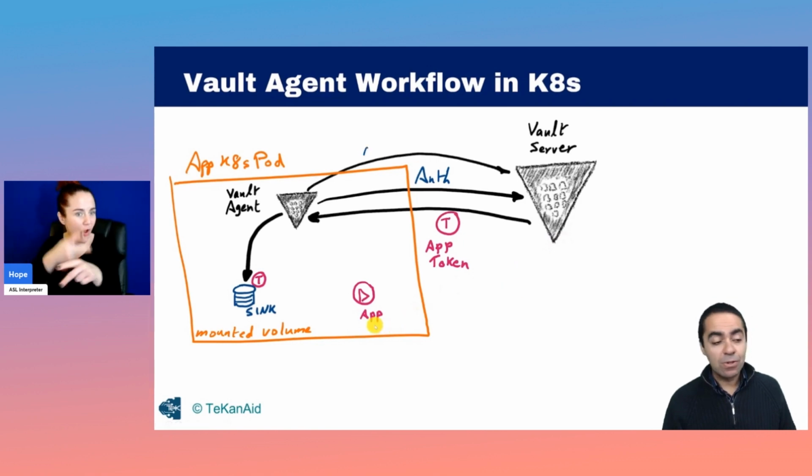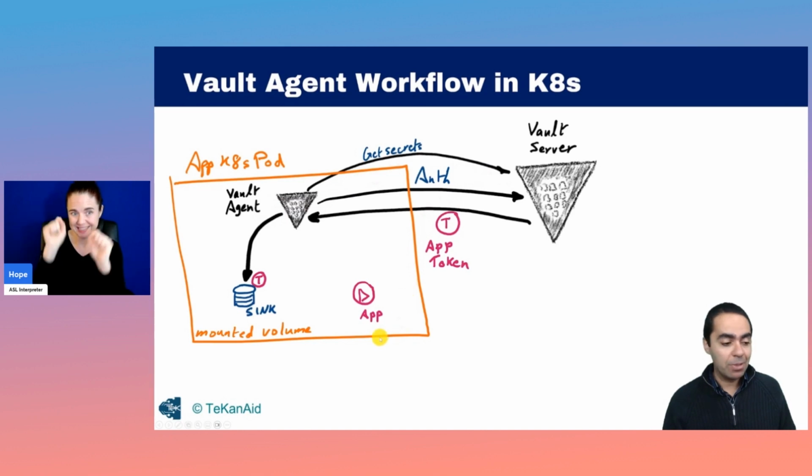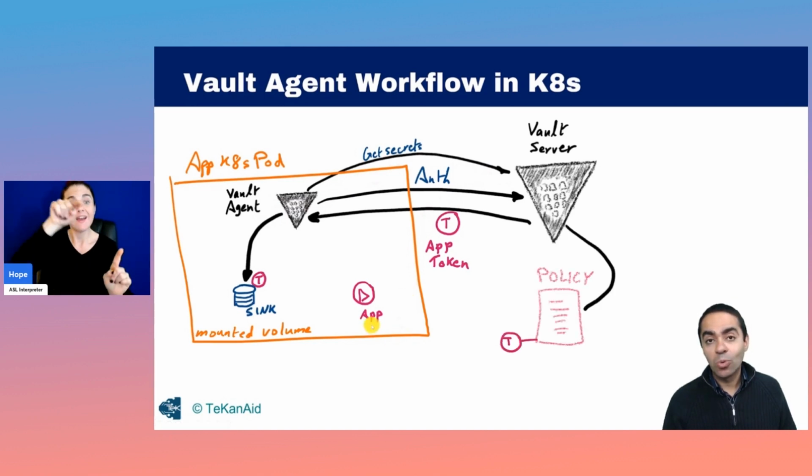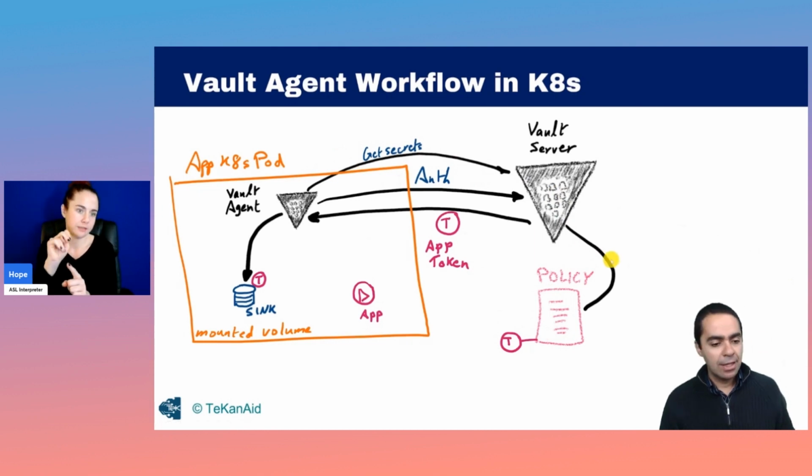But we can take this a step further and say, let's have the Vault agent retrieve secrets on behalf of the application. And that way it makes the application Vault unaware and you don't have to make any changes to the application. Of course, Vault needs to check against the policy that's associated with that token to make sure that the Vault agent can retrieve secrets from the server at the particular path that it requested.